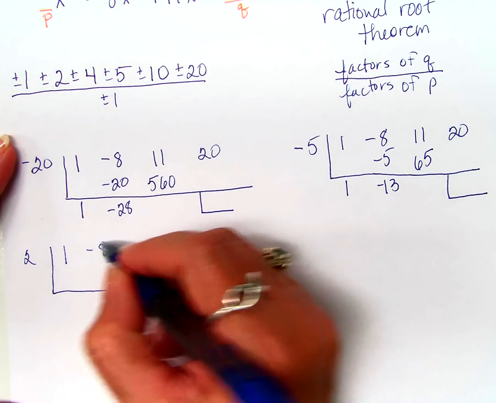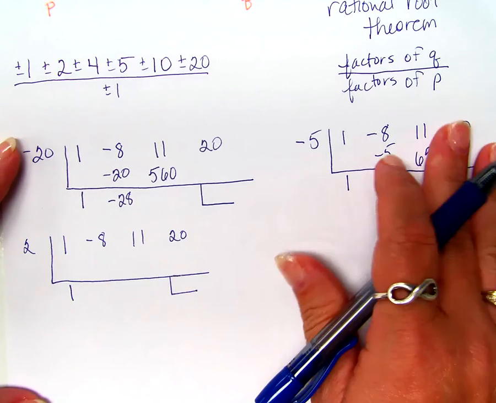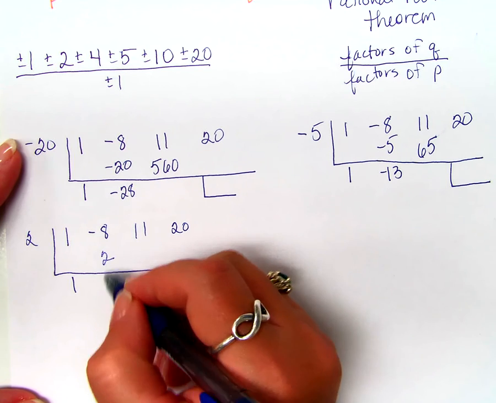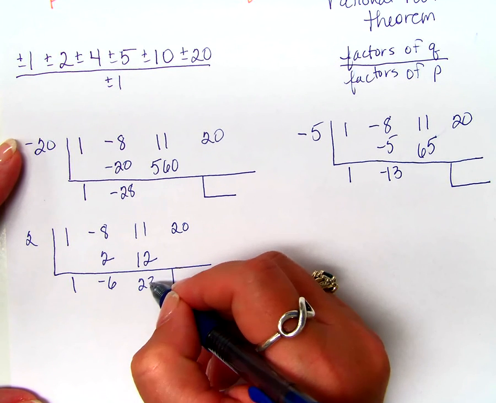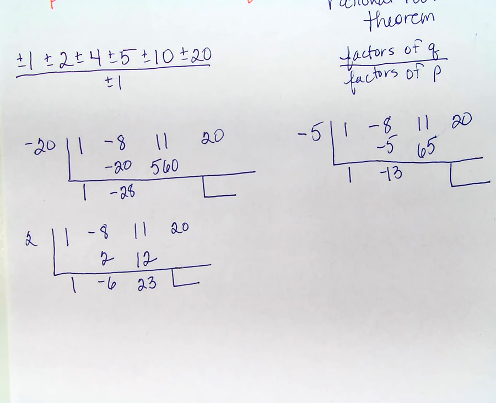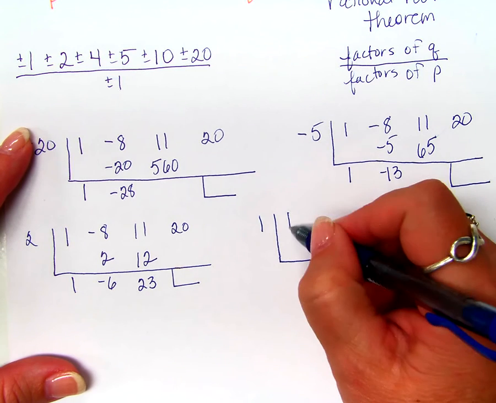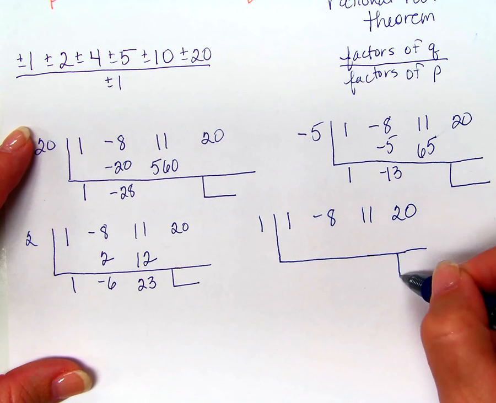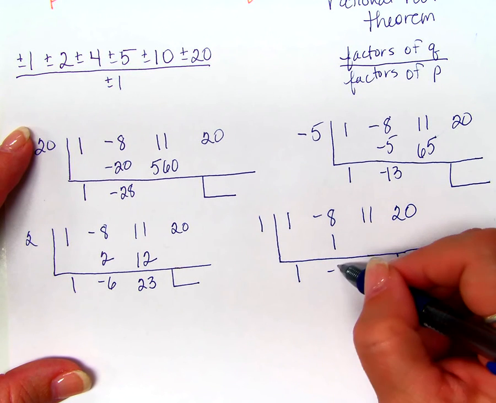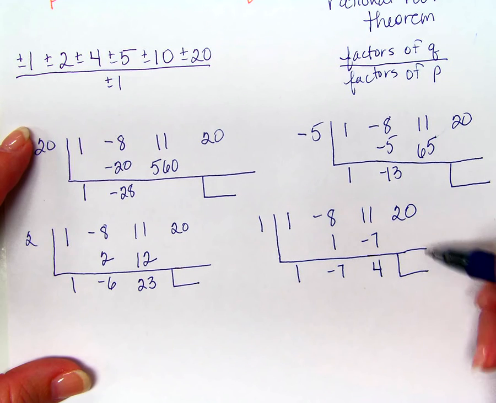1, negative 8, 11, and 20. 1, 2, negative 6, 12, 23. Uh-oh. 1, negative 7, negative 7, 4.